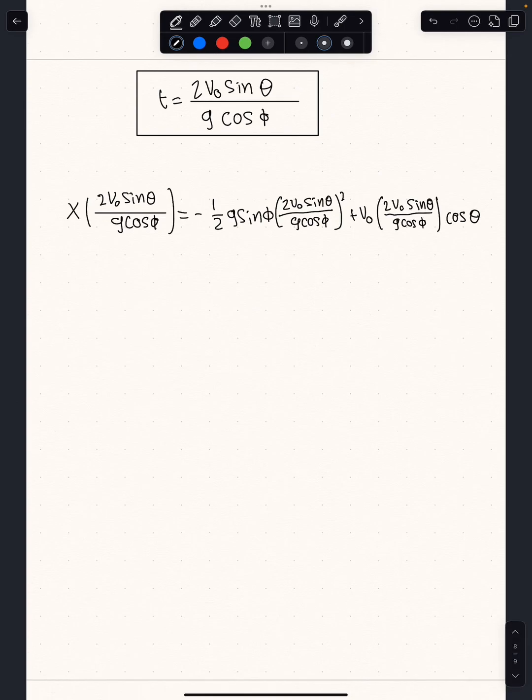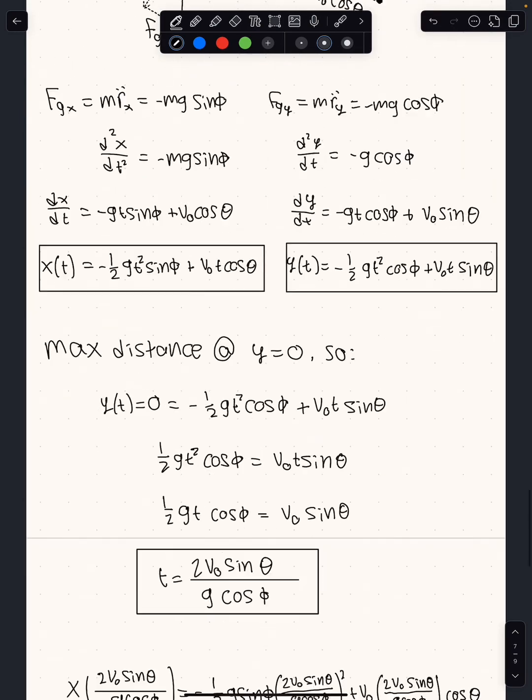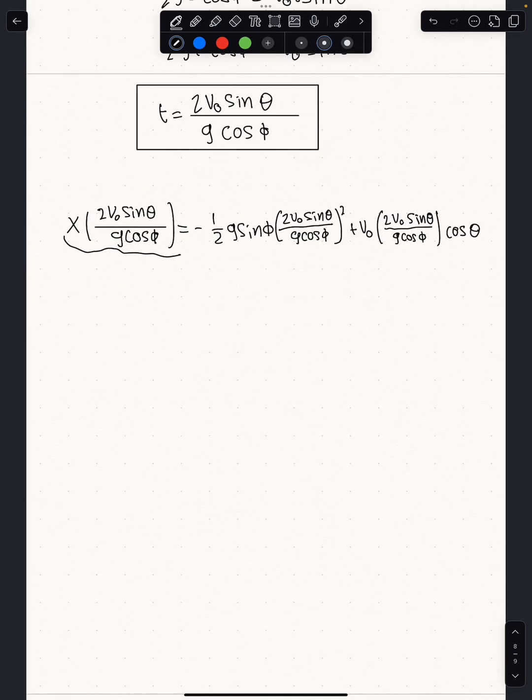Okay. Now, this max distance, they say in the question, is R. Right, so we're going to have big R, and that's going to be equal to all of this stuff. If we square the first time term, we have 4 v naught squared sine squared theta over g squared cosine squared of phi.